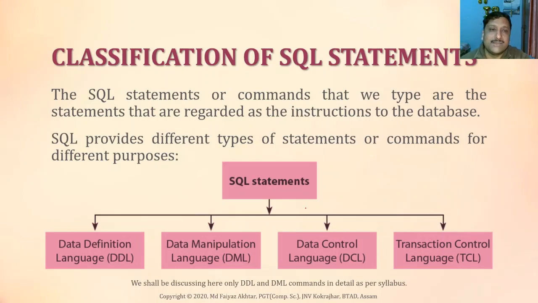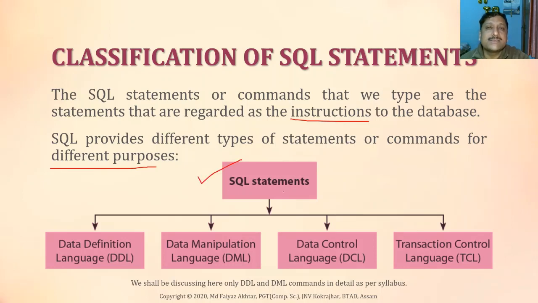Classifications of SQL statements. Now there are a large number of SQL statements, so these statements are categorized under some categories, some groups. And what are those groups? The SQL statements or commands that we type are regarded as instructions to the database. SQL provides different types of statements or commands for different purposes. And what are those?